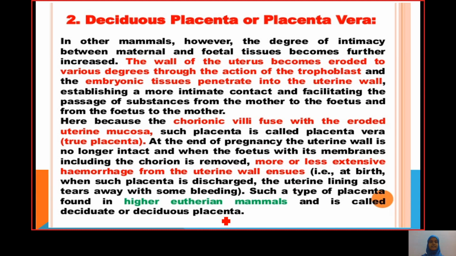Such a placenta is especially found in higher mammals like human beings, and is called a deciduate or deciduous placenta. If bleeding occurs, it is a deciduous placenta. If bleeding doesn't occur, it is a non-deciduate placenta, which is present in cows and cattle.